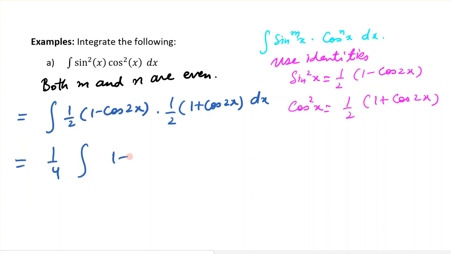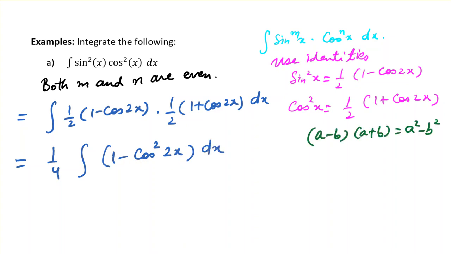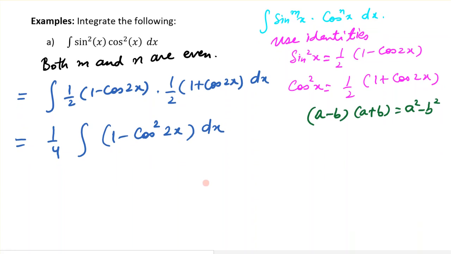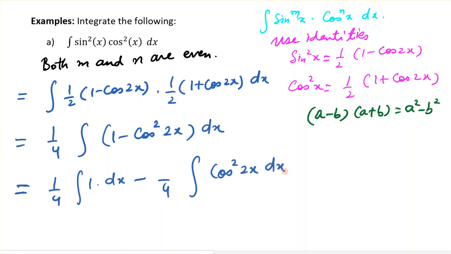So we get 1 minus cosine square 2x dx. Now we can split this into two integrals. So we get 1/4 integral of 1 times dx minus 1/4 integral of cosine square 2x dx.